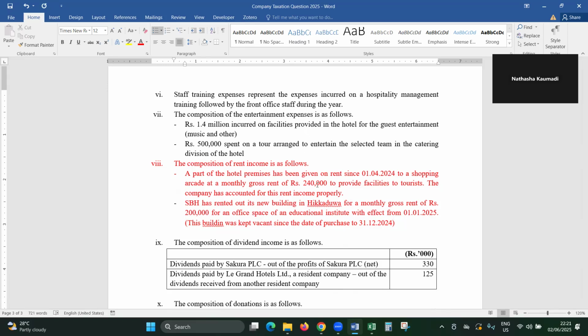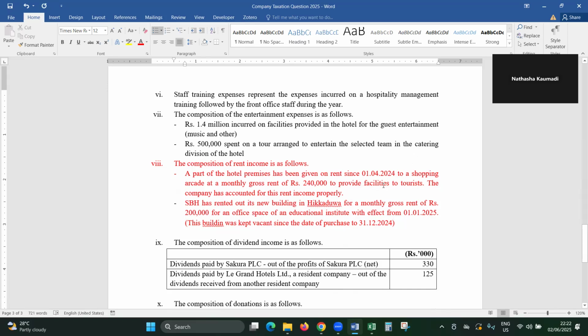What do you think? Ideally, this is business income. We do not consider this as rent income because it is effectively connected to the business, since it is a shopping arcade to provide facilities to tourists.